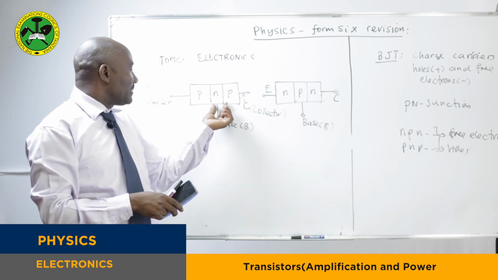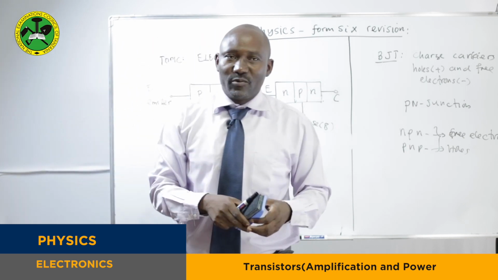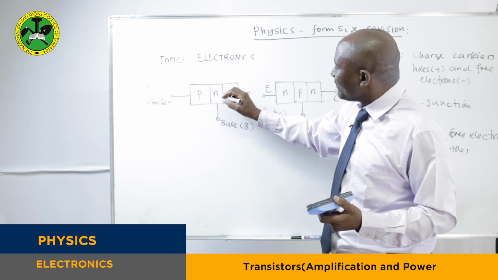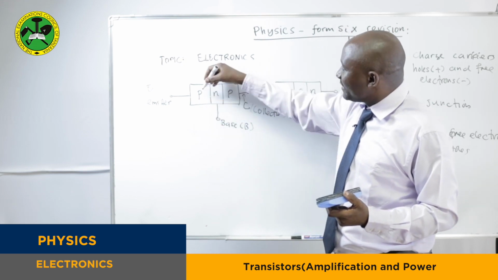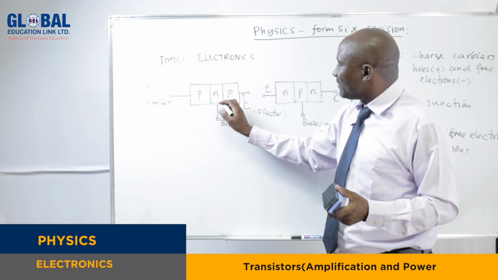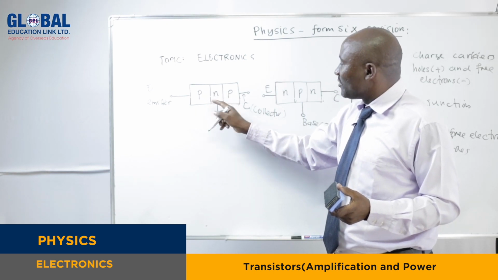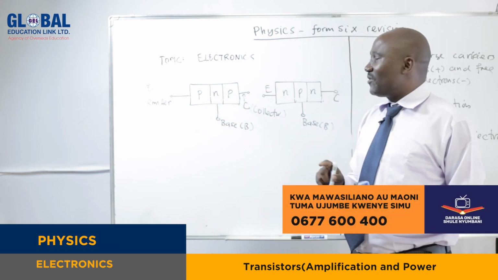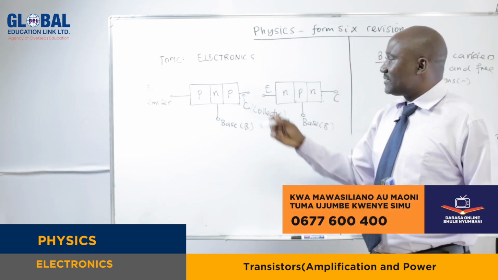It's supposed to be very thin, because if you made this very wide, most of the charge carriers emitted would combine inside, because up here we have holes and here we have electrons. Most of the holes will combine here. As a result, few holes will reach the collector, and a small current will be flowing.